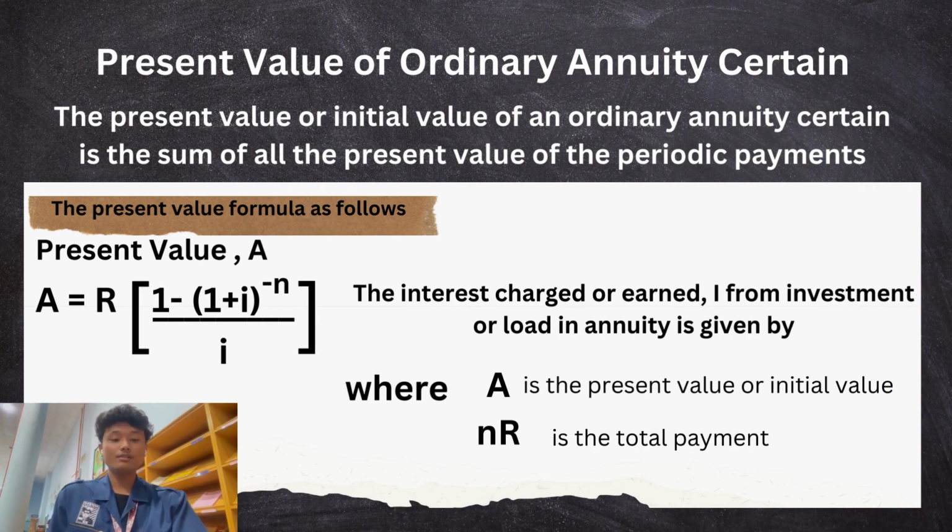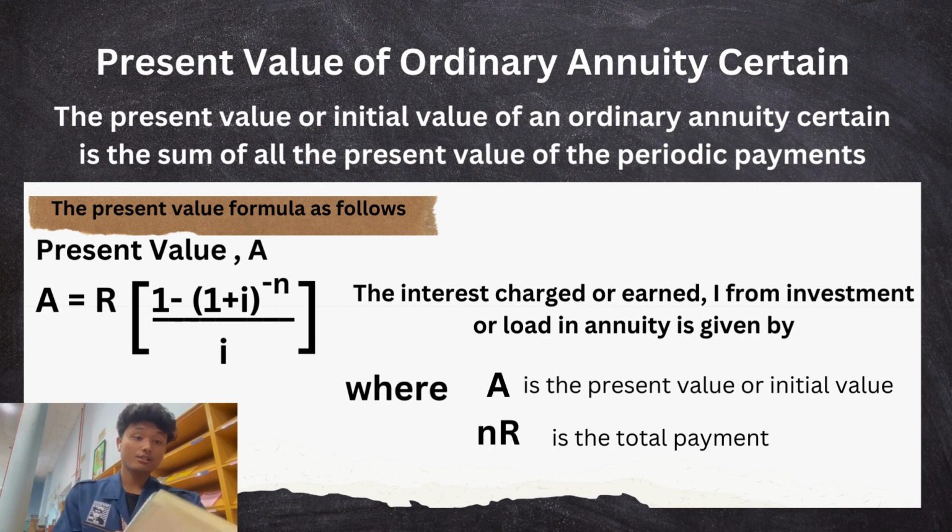The present value, or initial value, of an ordinary annuity contained is the sum of all the present values of the periodic payments. The present value formula is as follows: present value A equals R times 1 minus (1 plus i) to the power of minus n, over i.